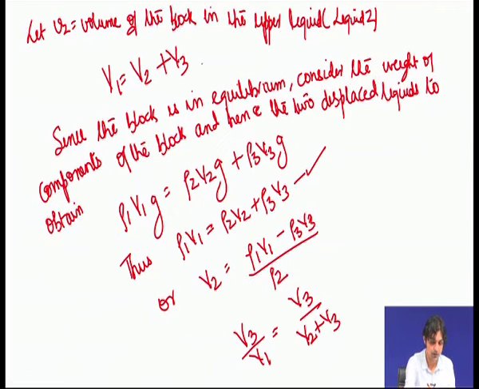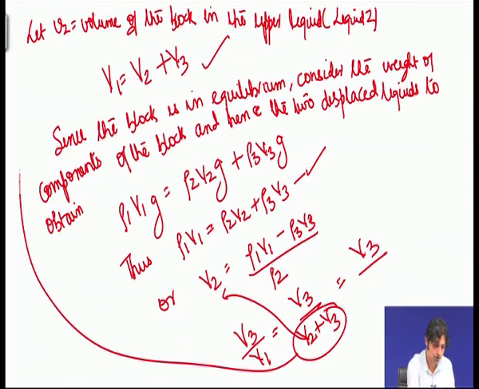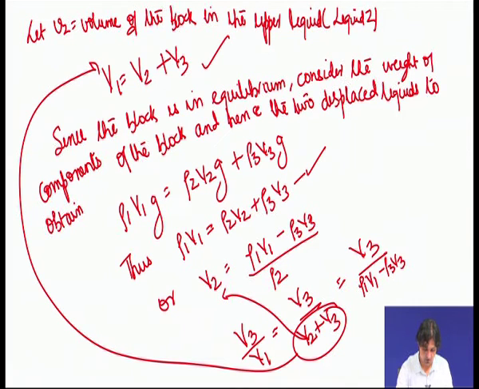Okay, from here, V2 plus V3, V2 we can use from here, right, and this equation has actually come all the way from here, so it will be V3 plus, and V2 we are going to use, so it will be rho 1 V1 minus rho 3 V3 divided by rho 2 plus V3.